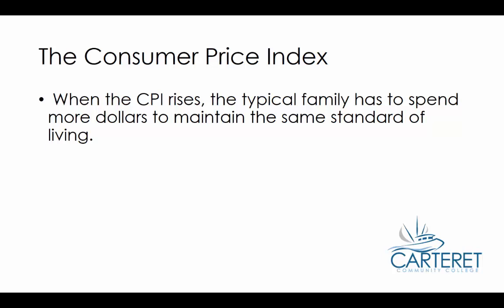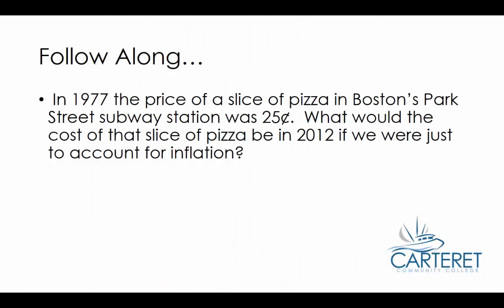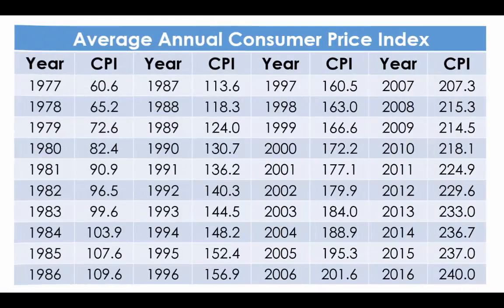Let's take a look at the following example. In 1977, the price of a slice of pizza in Boston's Park Street subway station was 25 cents. What would be the cost of that slice of pizza in 2012 if we were just to account for inflation? Here's the average annual consumer price index we will be using for this class. Make sure that we can identify the CPI index number for the two given years.